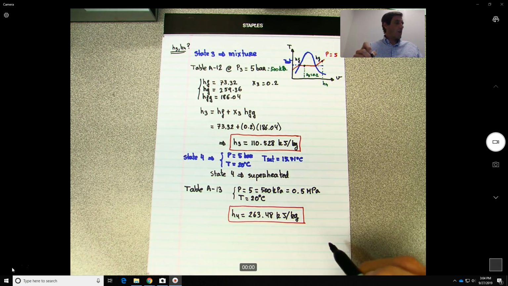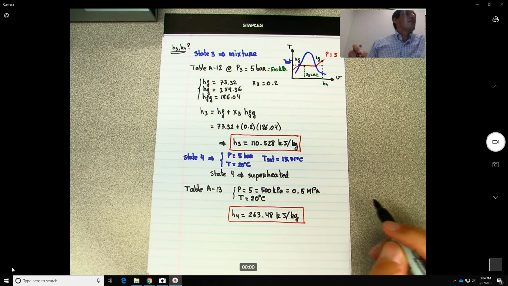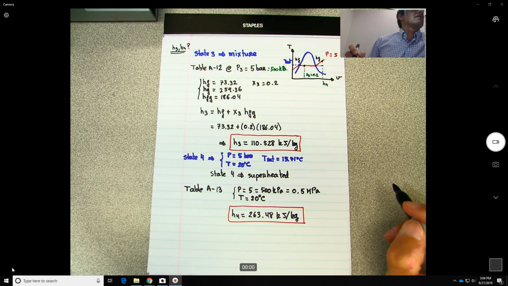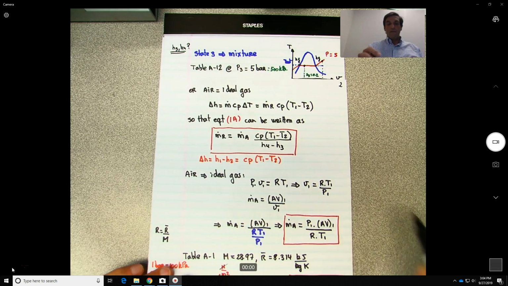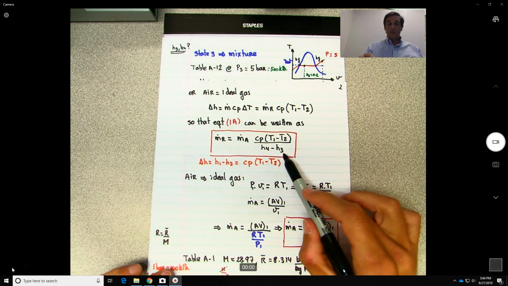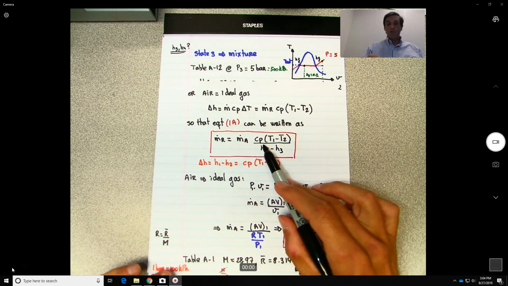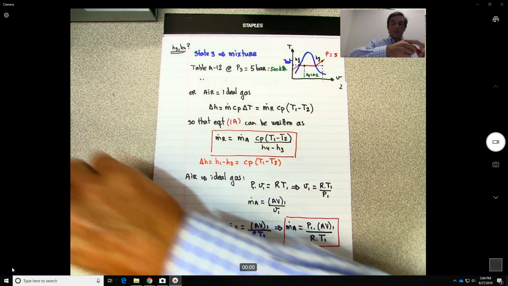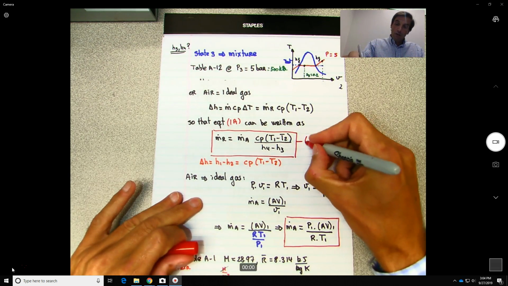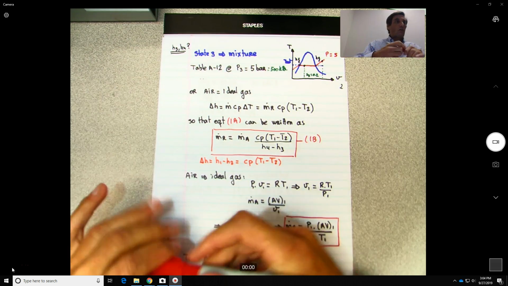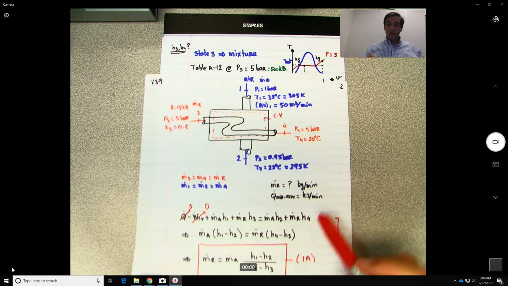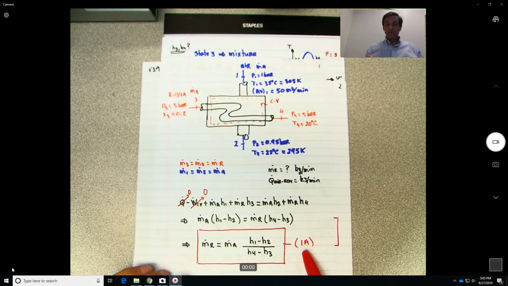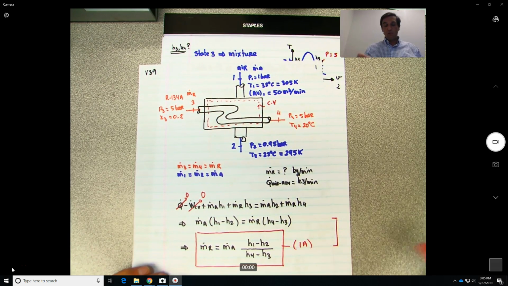So let's go back to the initial equation. So we have this, we have H4 minus H3, and now we need to use either this equation here that we're going to call 1b, or we can use the equation right here, which will be 1a. So let's try to do it both ways, okay?